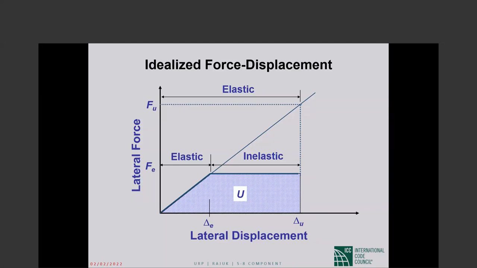Inelastic deformability comes from proper detailing of the members and joints. Okay? So if we want to design for low strength levels, we will have to be prepared to do pretty fancy detailing of our members and joints in order to have high inelastic deformation capacity.